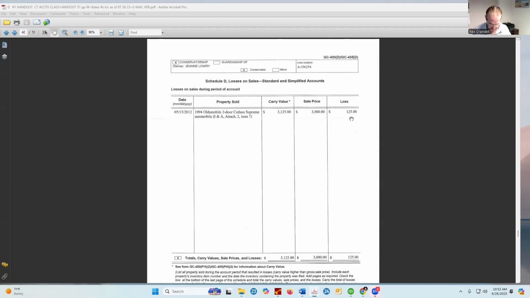Another item that would be good to show on change of form of assets is, let's say you closed out a bank account and you went from Wells Fargo and closed an account and opened up a new bank account at Bank of America. So it's still change of form. In this case, it was a change of vendor, but it helps the probate examiners and the judge determine what happened to that cash account at Wells Fargo. You've got it included.